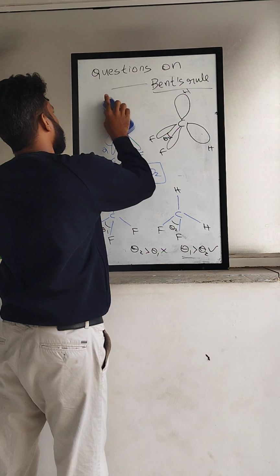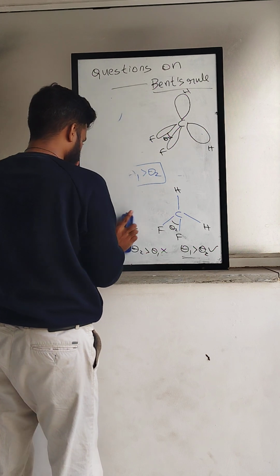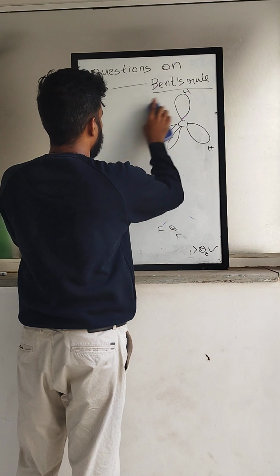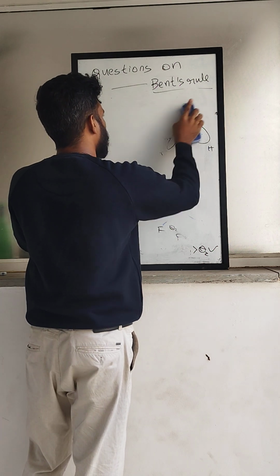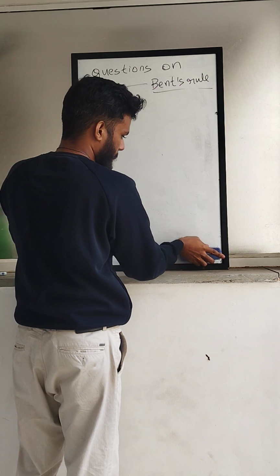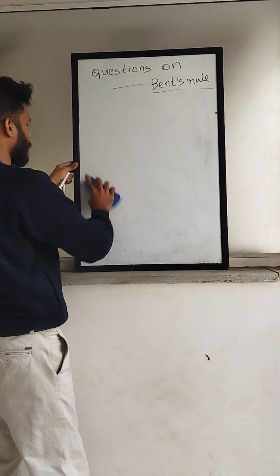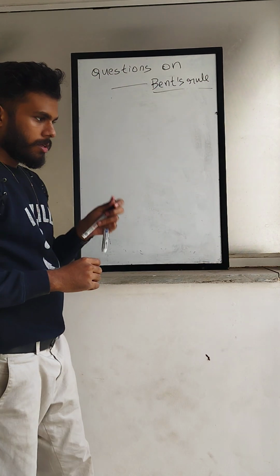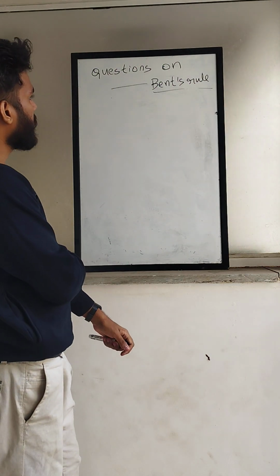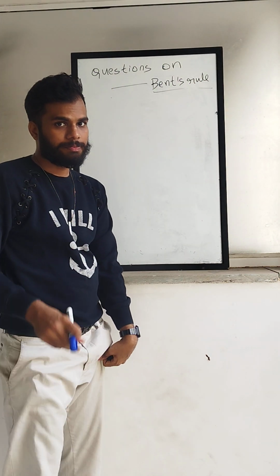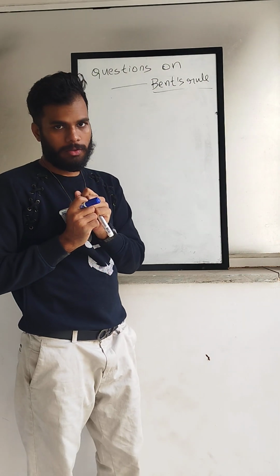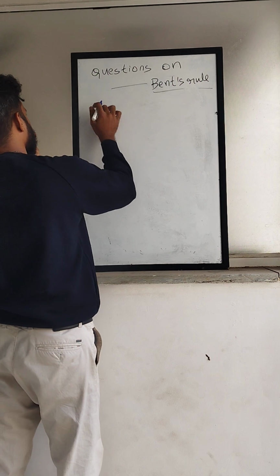Now let's look into another type of question. Another type of question that you can find on Bent's rule is about bond length. Okay, so bond length, let's see this question.